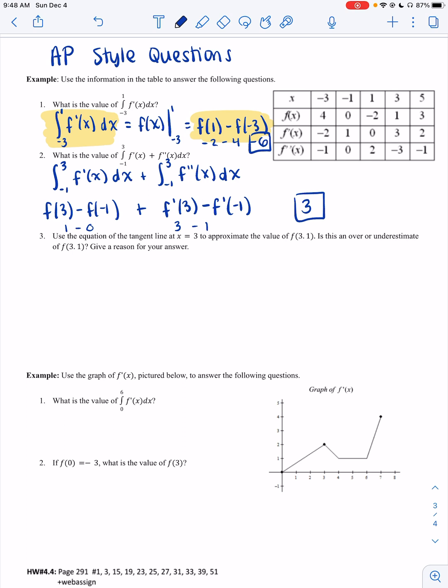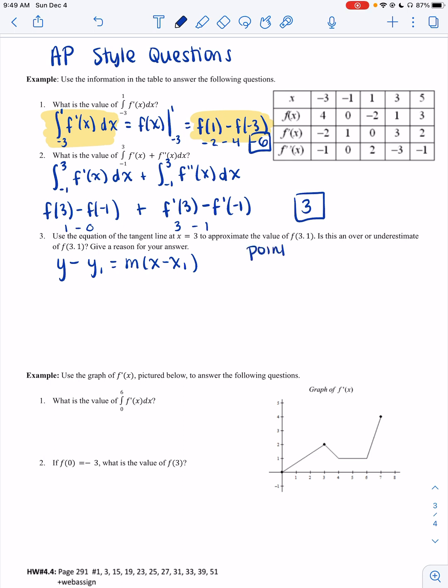The tangent line is going to be y minus y1 equals m times x minus x1. I encourage you guys to pause and think about this one because this is what we learned in 3.7, 3.9. So pause it and then check your work.